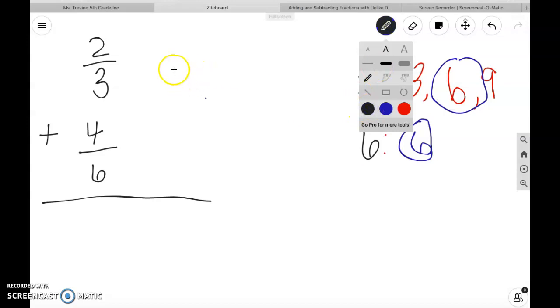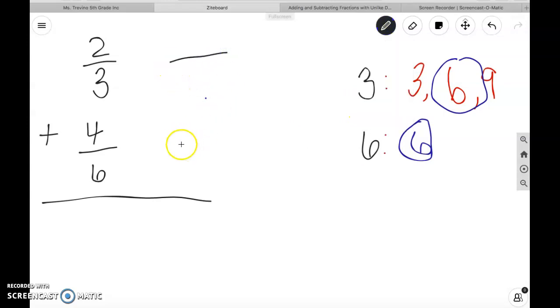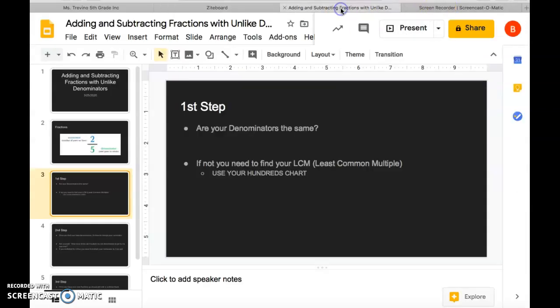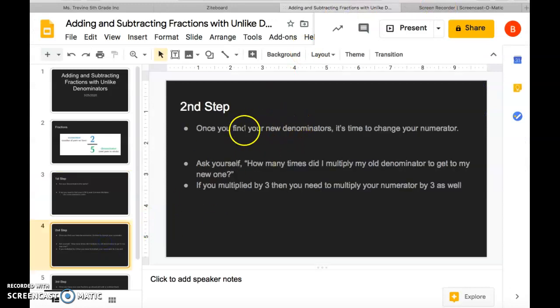Okay, so we're going to need new fractions, right? So what is our new common denominator going to be? 6, right? That's our new common denominator. So our second step. So once you find your new denominators, it's time to change your numerator.